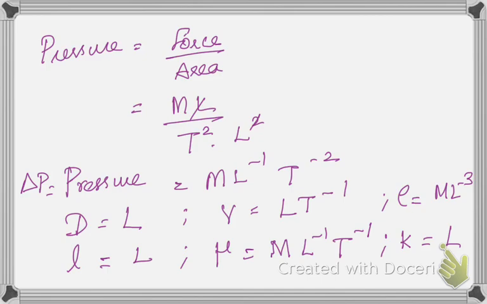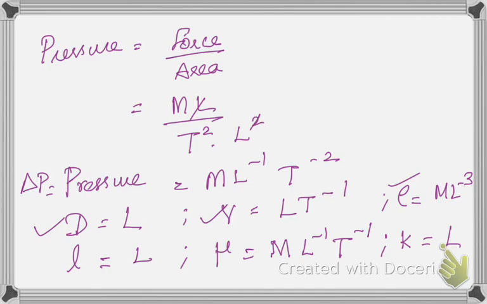And next is that we have to choose our repeating variables. So how to choose our repeating variables? Our repeating variables should consist of one geometric property, one flow property and one fluid property. Okay, so here for the geometric property I will choose D, for the flow property I will choose velocity, and for the fluid property I will choose rho.